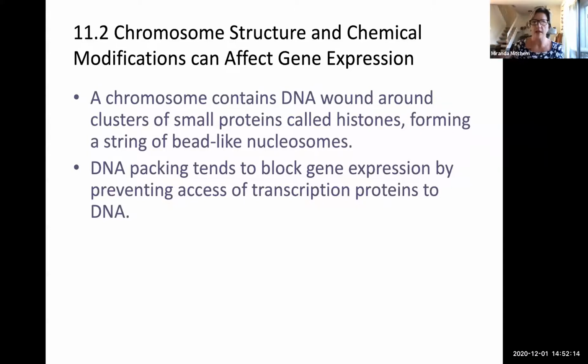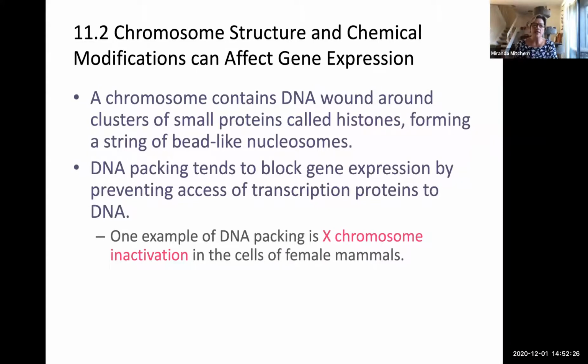So one way that scientists determine how active a certain gene is, is to look at the chromosomes that are associated with that gene. An example of DNA packaging is a process called X chromosome inactivation.